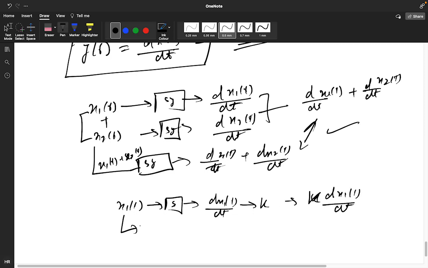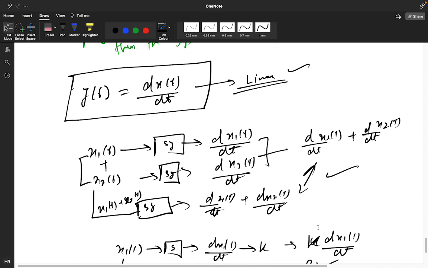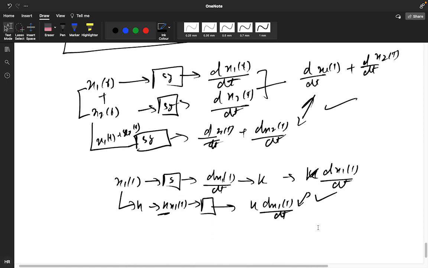Now if you first multiply with k, the input is k x1 of t, then you pass it through the system. This is a constant value, and if you differentiate it, you get the same result, k dx1 of t by dt. So both are the same, so the law of additivity and the law of homogeneity both pass. So differentiation is a linear function. Okay, so differentiation is a linear function.